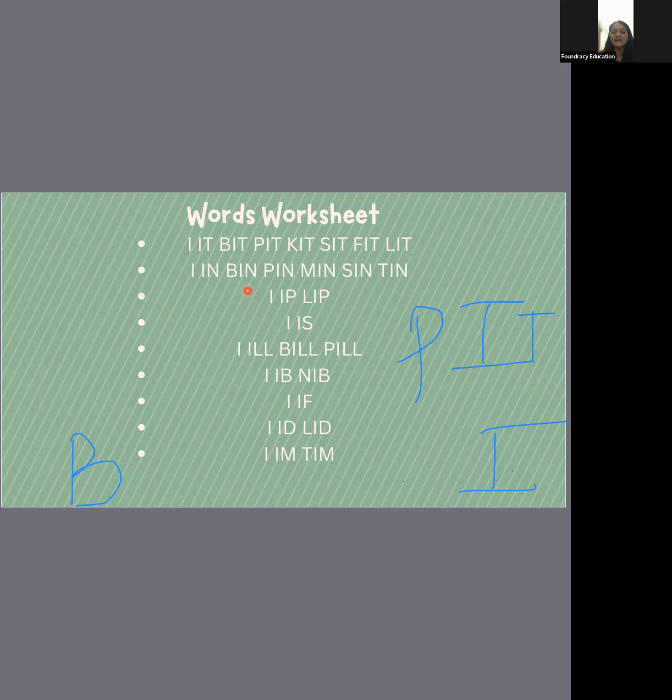Similarly, bin, pin, in, in. Similarly, lip, pill, nib, lid, tim. Now, then again, I will just end it by saying, maybe we will start from here only. So I have emphasized the rhyming sounds so that it becomes easy for kids to make words.